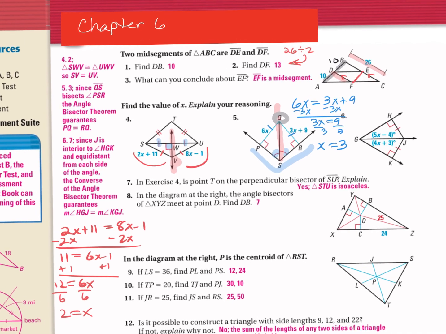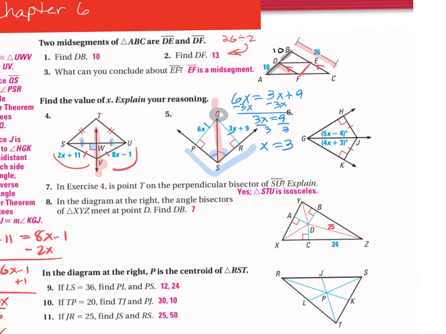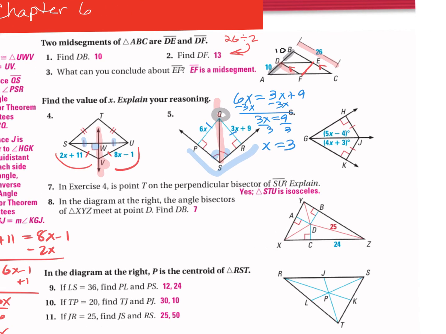Then for the next one, same thing, but this time I can see that these segments here are equidistant from the sides, and I know they're a distance because of the right angle. So when I have a segment that's equidistant from the sides of my angle, I know that this angle HGK has been bisected.